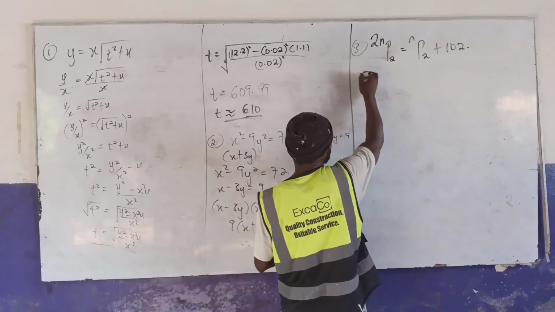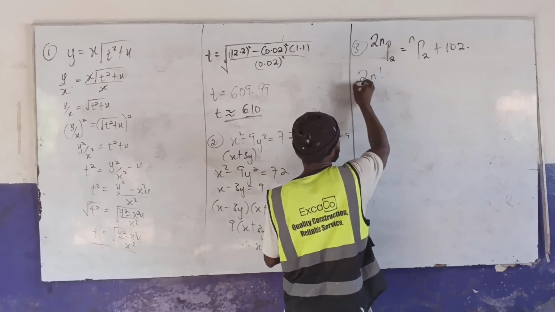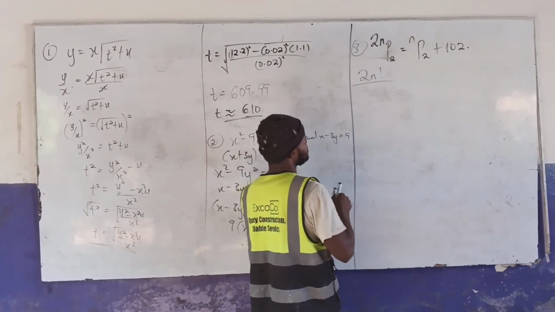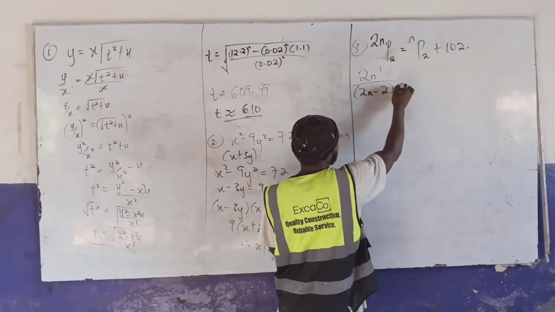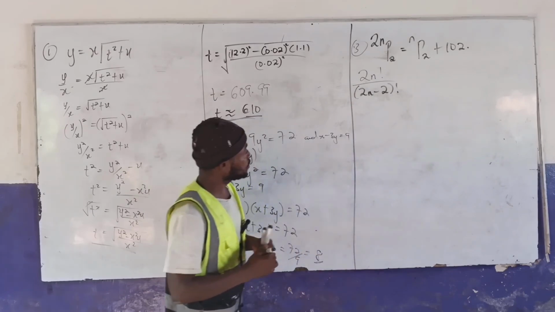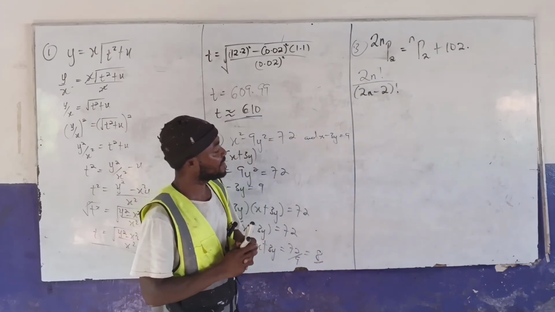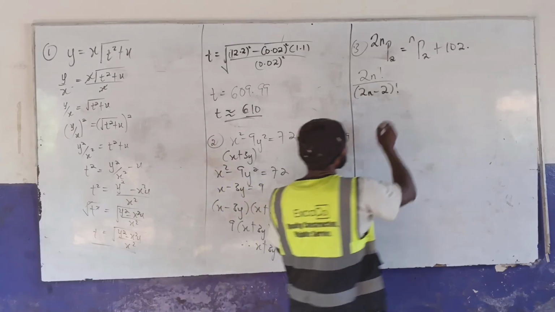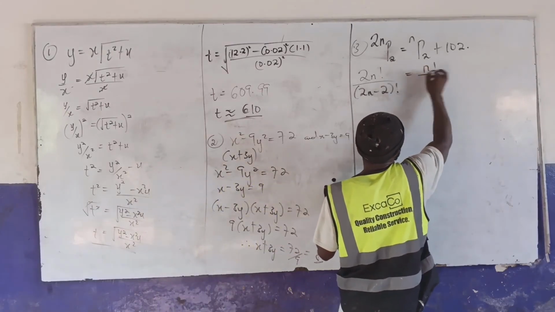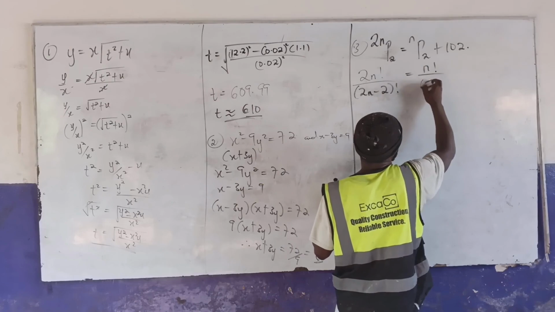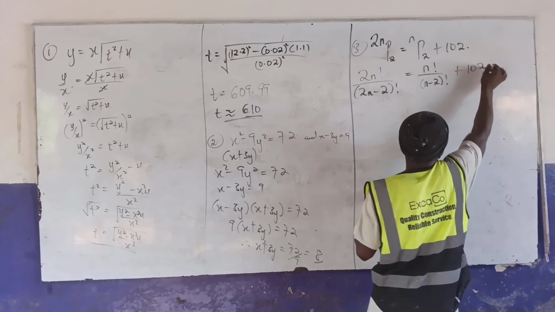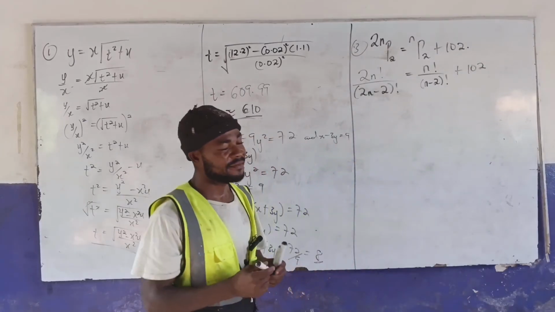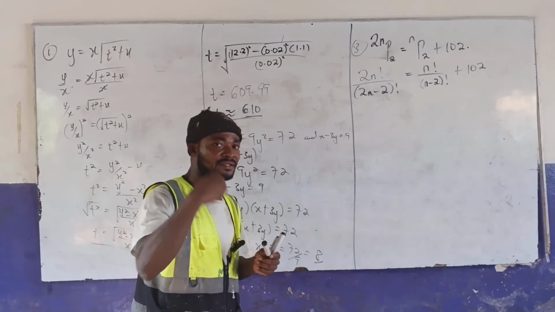So we apply the same concept: we have 2n factorial over 2n minus 2 factorial. Now factorial means we just start with a number till we get to 0.